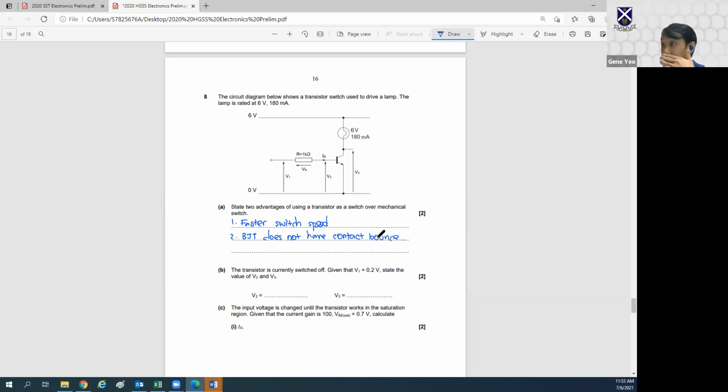Yeah, so unlike a mechanical switch which has contact bounce, a BJT does not. Some of you might also have thought that a BJT does not have wear and tear because there are no moving parts. Okay, so you just need to choose any of these two. Anyone here has any other answers that you want me to check?